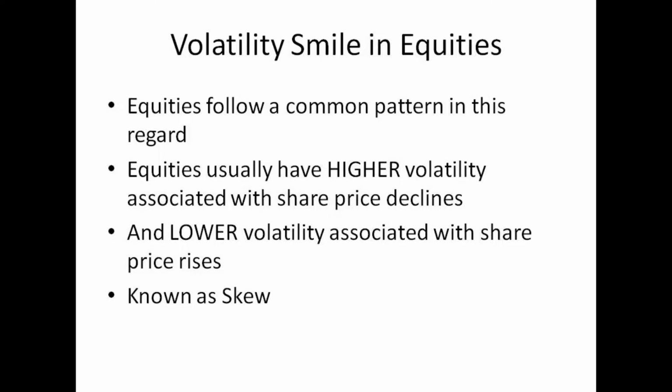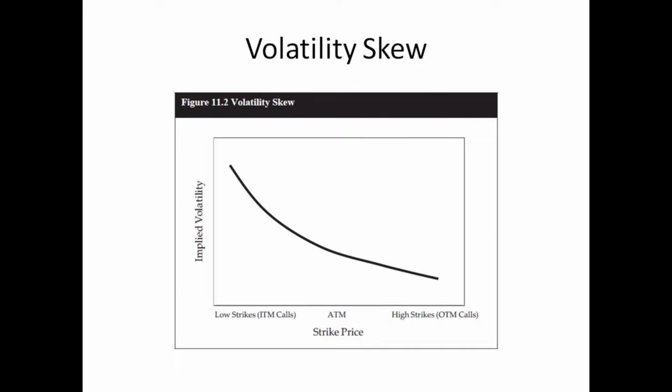So with currency options, puts and calls are sort of interchangeable. And for that reason, maybe we see more of a smile. And in equities, we see skew. If we look at the chart there, we can see that low strikes tend to have higher implied volatility, and high strikes tend to have lower implied volatility in equities, and this is the volatility skew.